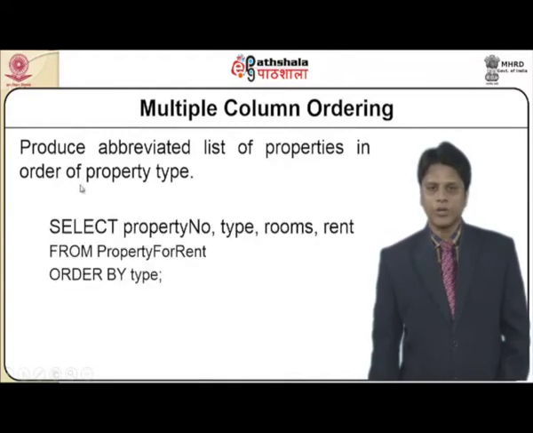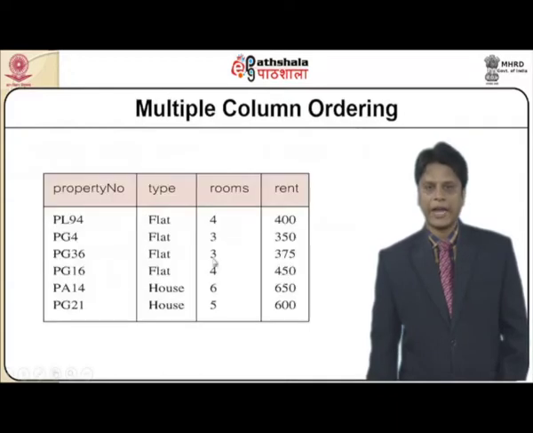So for this type of query, select property number, type, rooms, rent from the property for rent table, order by type. Which means I have a type value which starts with F as its alphabet.